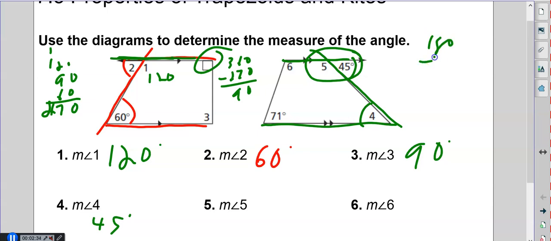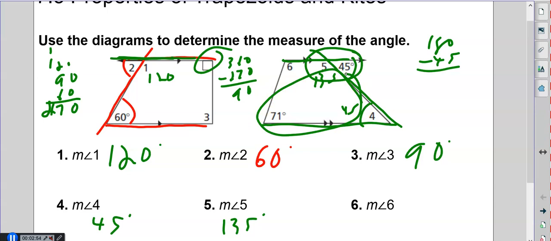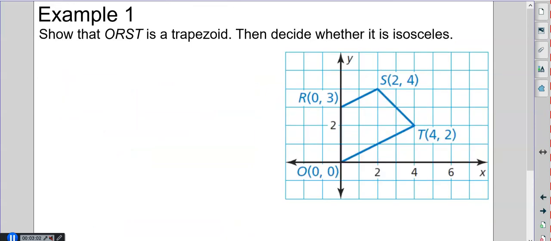So 180 minus 45, because they are a linear pair, that gives us 135 degrees. And for angle 6, we're going to do the same thing. I'm not going to show it. We know that angle 4 we said was 45. We know that angle 5 is 135. If we add up these 3 angles and subtract from 360, we will get 109 degrees. Just got to work your way through it.